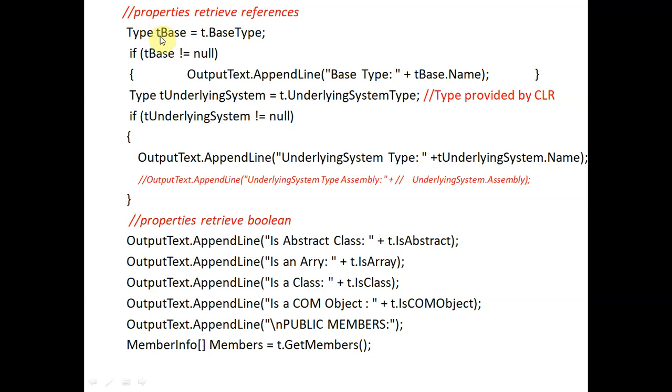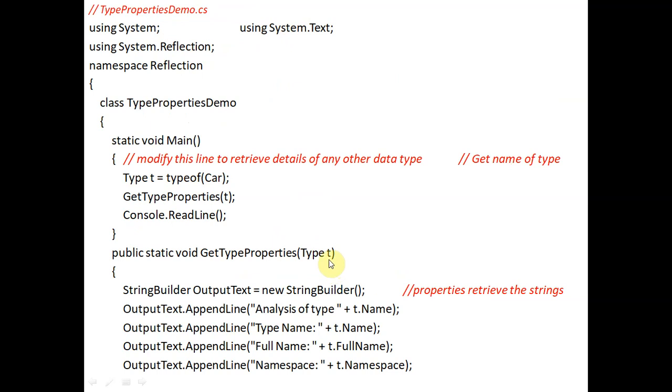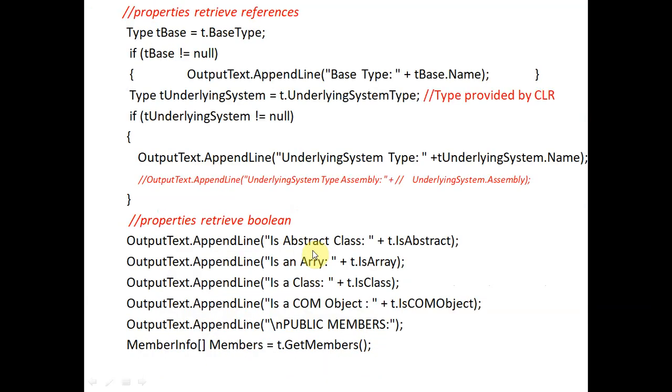Here we are writing t.BaseType, and tBase is also an object of Type, so both types are the same.